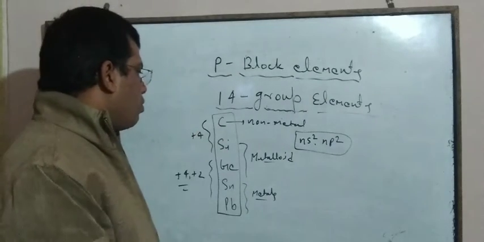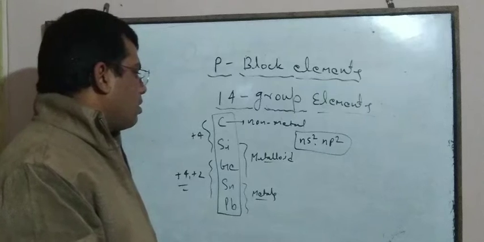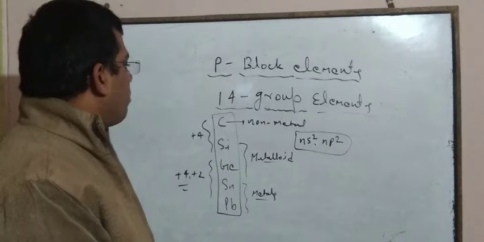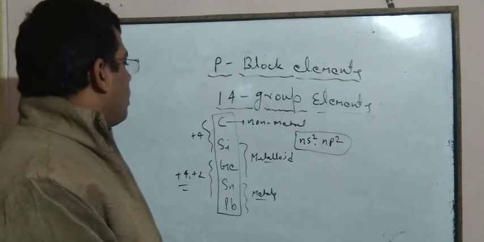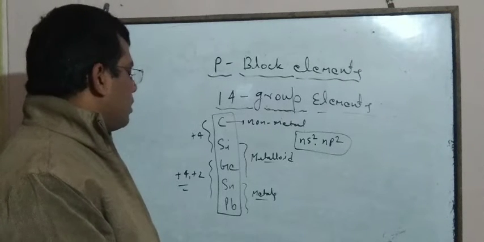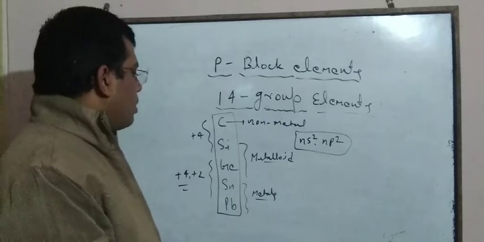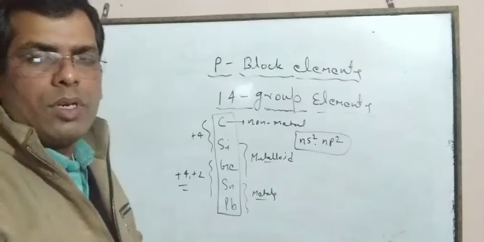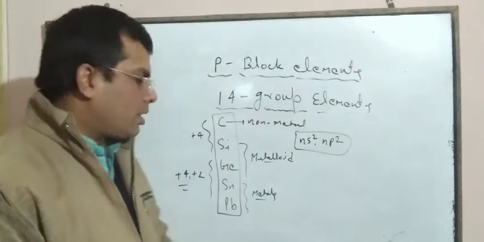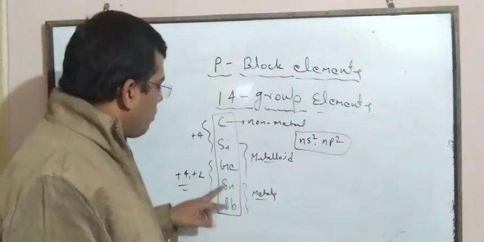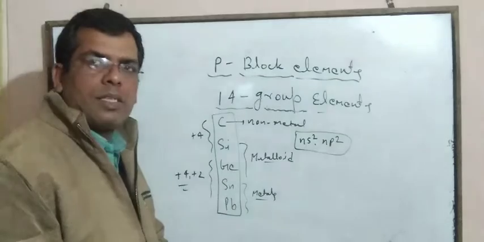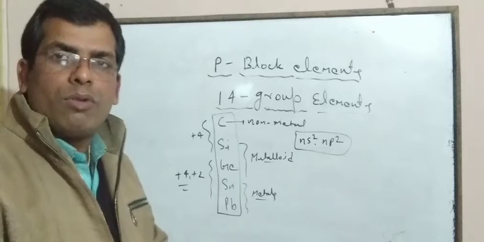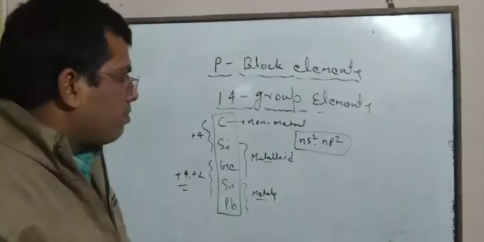From carbon to silicon, atomic size increases in the general way, but from germanium to lead, only a very small increase in size is observed due to the poor shielding effect.